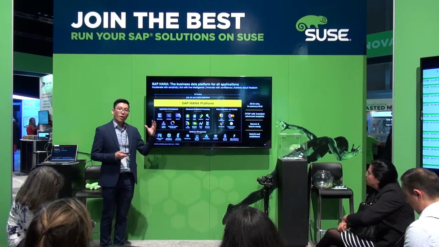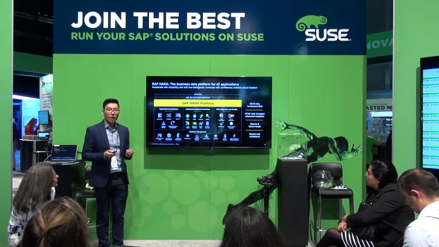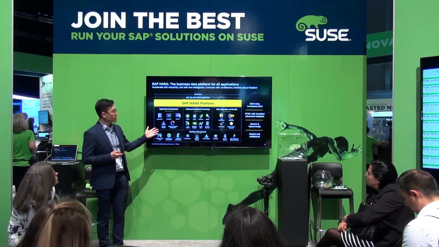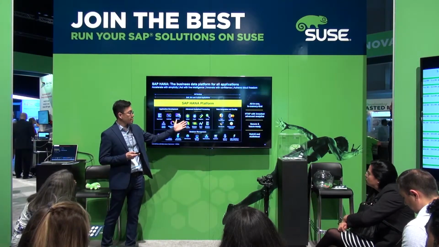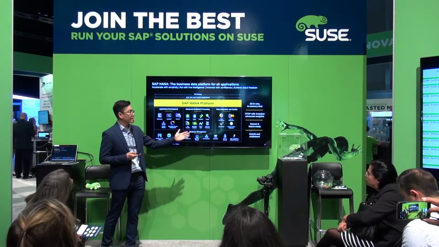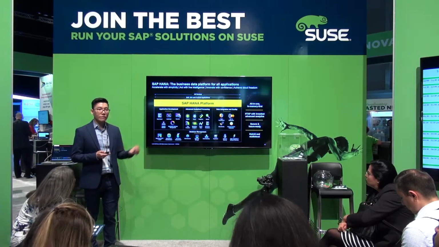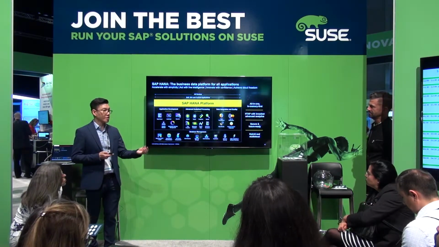This is an overview of all of the functionality of HANA. It is truly an all-in-one business data platform. It provides everything from application development to all of these advanced analytical engines supporting things like spatial, predictive, search, and streaming analytics. You can do data virtualization, so you don't have to physically move all data into HANA. You can connect to it via virtualization technology like federation.